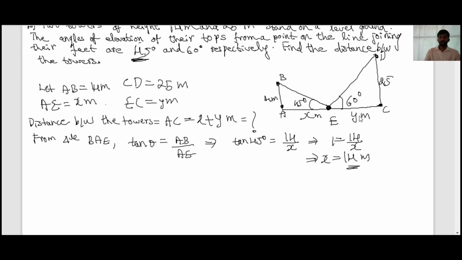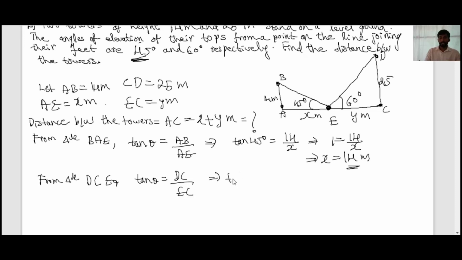Okay. Then you need to calculate the y value. Again, from the second triangle, DCE. Again observe adjacent length is there as well as opposite length is there, right? So use tan theta. Tan theta is equal to DC divided by EC.